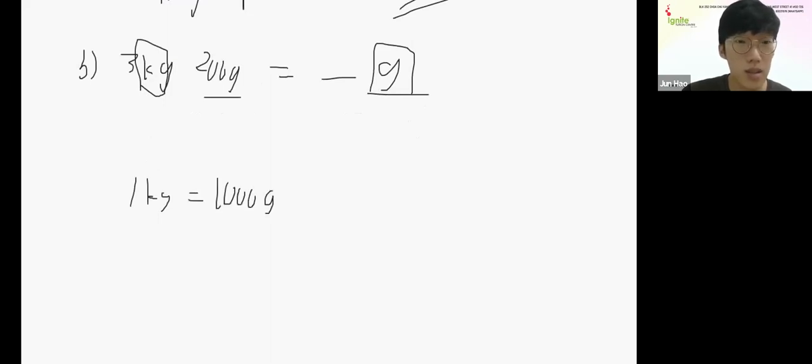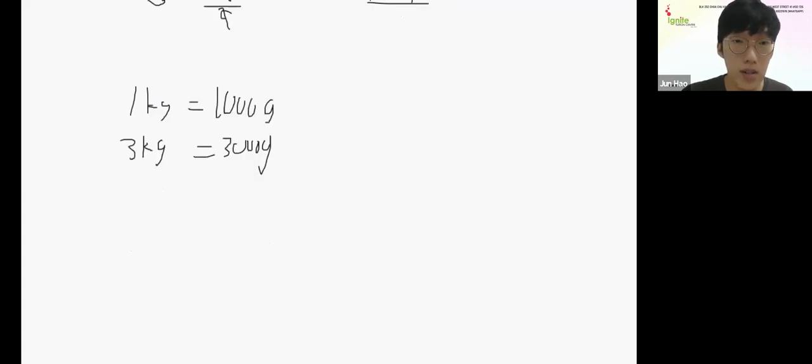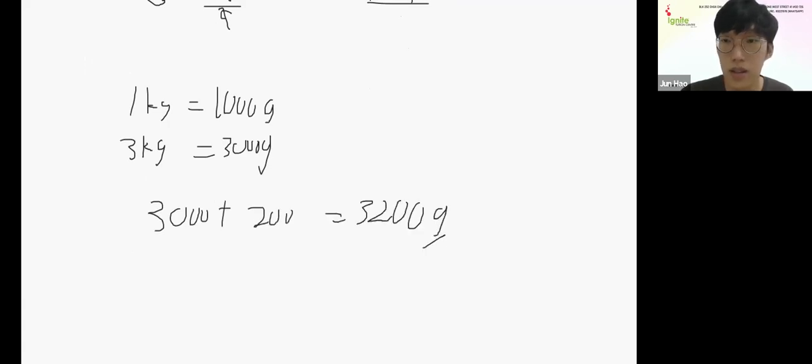So 3 kilogram is any idea? Very good. So it's 3000 grams, right? So remember, we need to find in total. We still have these 200 grams here. We need to add them up, correct? So in total will be 3000 plus the 200 grams, which will give me 3200 grams, right?